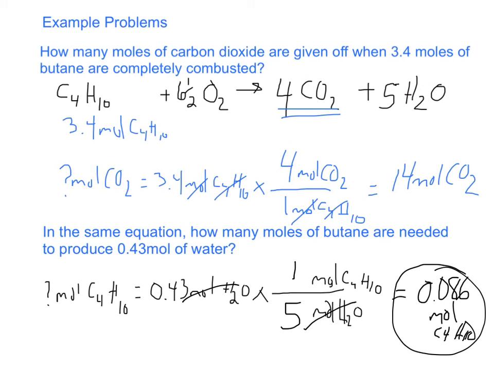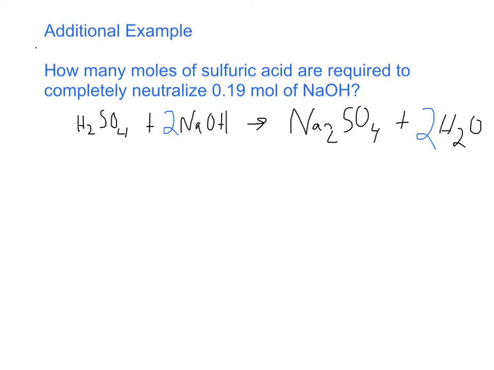Let's try one last practice problem. So here's a final example. This is a neutralization reaction. How many moles of sulfuric acid are going to be required to neutralize 0.19 moles of sodium hydroxide? We've already written the equation out and balanced it, so the ratio is 1, 2, 1, 2.